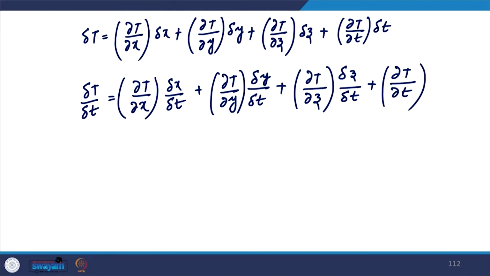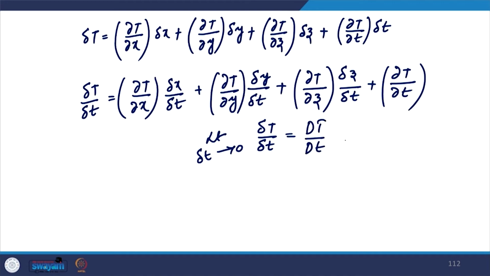So, we have just divided the entire expression with respect to time. Now, in the limit delta t tends to 0, delta T over delta t is simply equal to dT over dt.